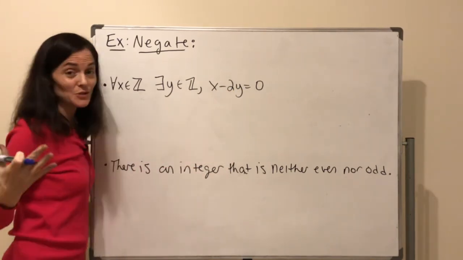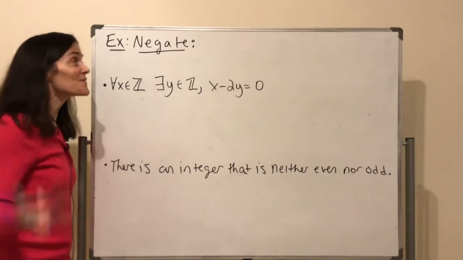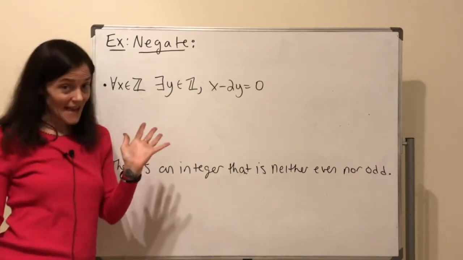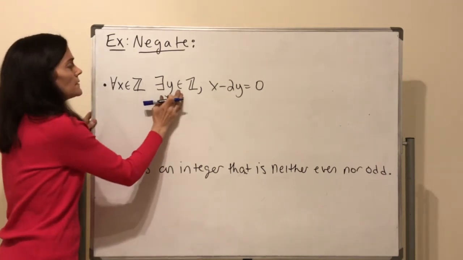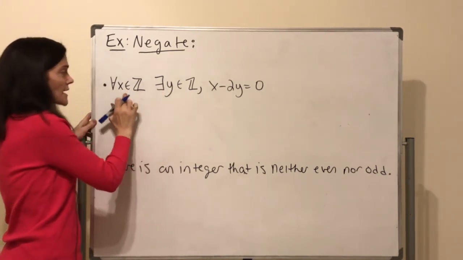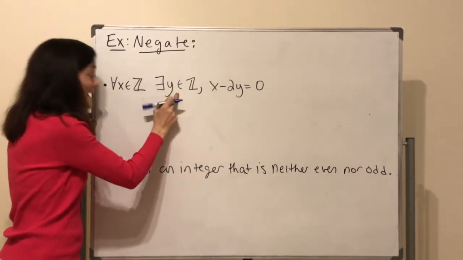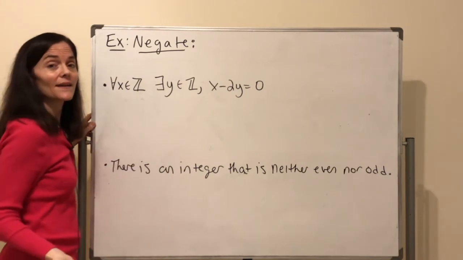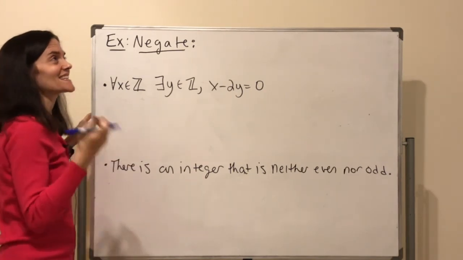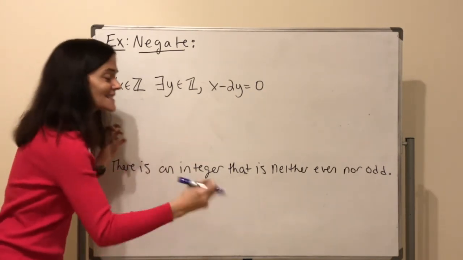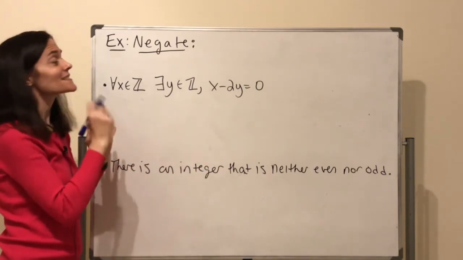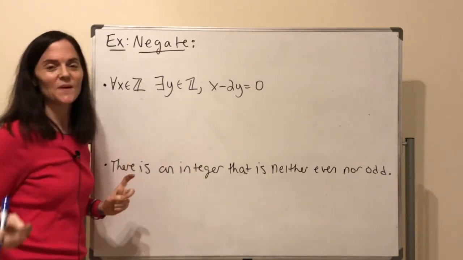Now, is this true or is this false? If we think about the way the quantifiers are nested, we pick y after x. So y certainly may depend on x. For all integers x, there exists a y which may depend on x such that x minus 2y is 0.